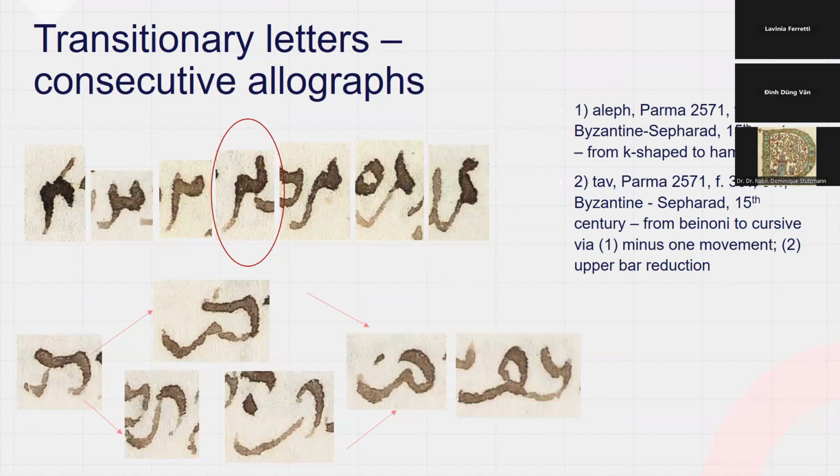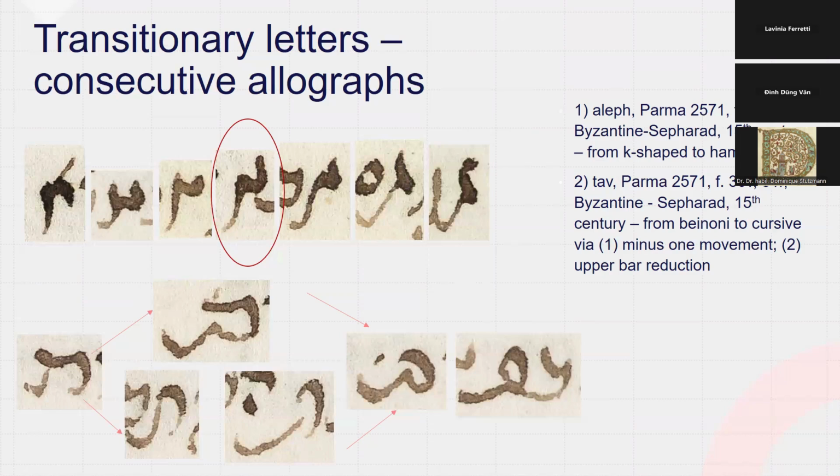So this is the more traditional non-square or Benoni taf. Here it loses one movement and becomes a taf, which we have seen in the previous slide. Or we can have another trajectory where it loses the serif, but still is done in two movements with lifting the instrument.